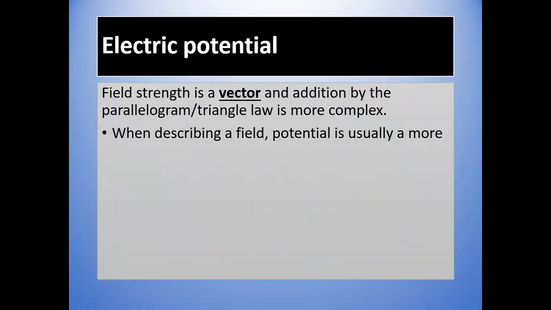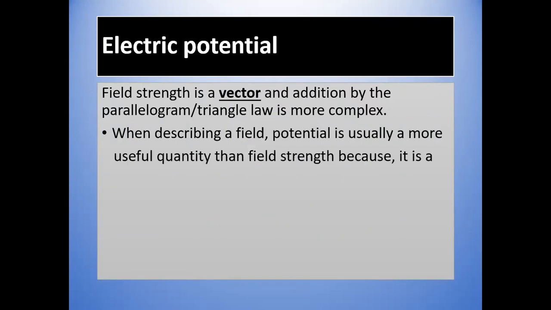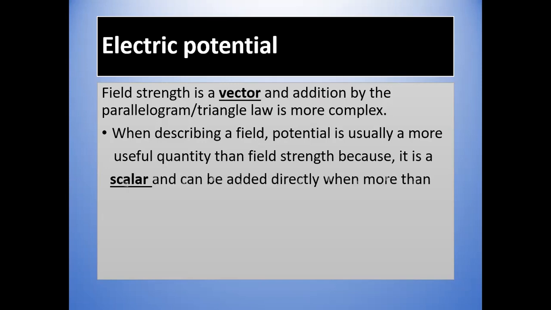When describing a field, potential is usually a more useful quantity than electric field strength. Why? Because it's a scalar. You just add or subtract, and it can be added directly when more than one field is concerned. You can have different charges contributing to the field. If you use electric field strength, there are so many vectors for you to analyze. With potential, you just add or subtract only.